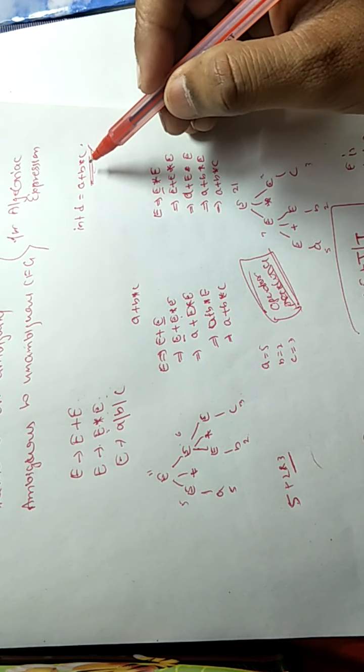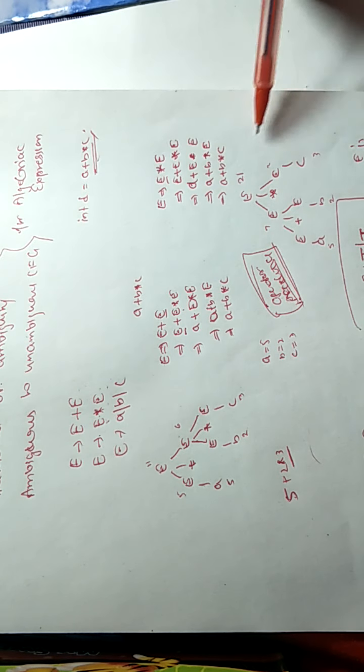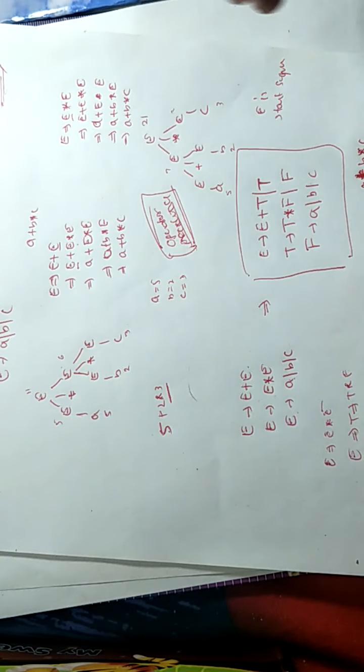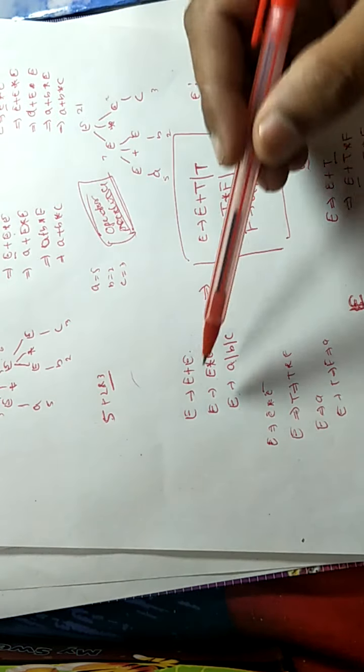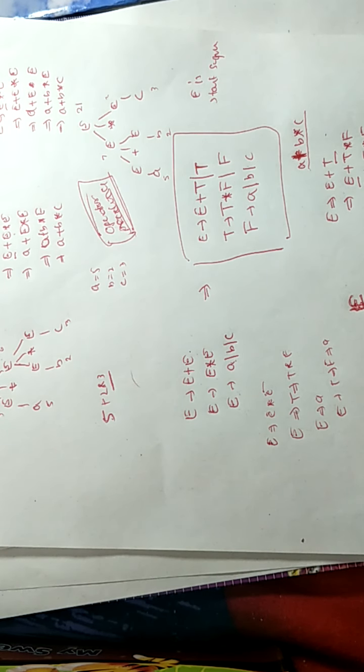It cannot be derived in multiple ways, it cannot result in different values for the same algebraic expression. That's why ambiguity creates the problem.